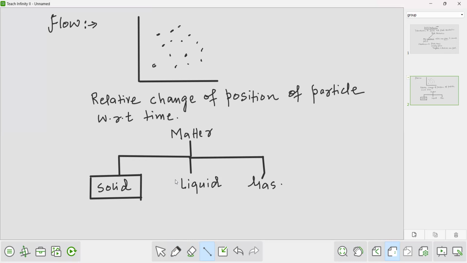But liquid and gas are the two types of matter which can flow, which can change the position with respect to time.